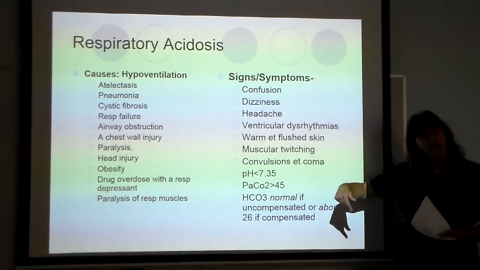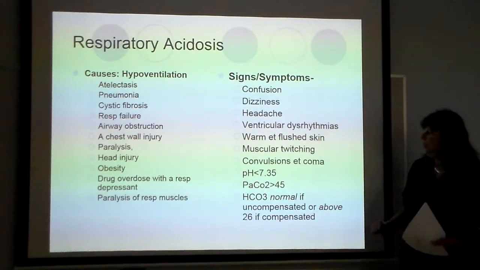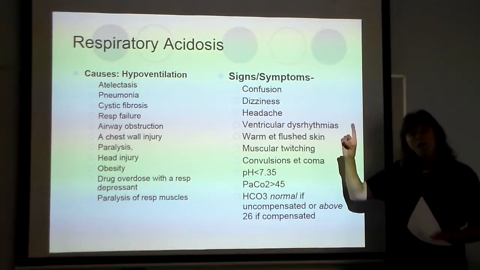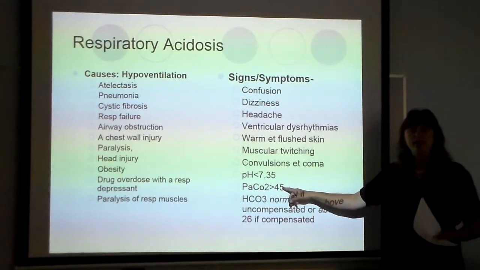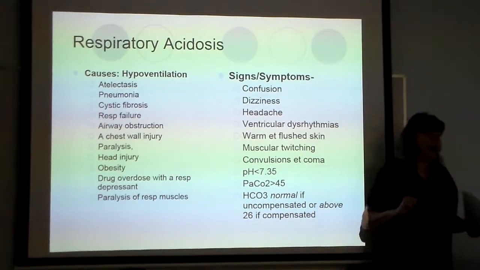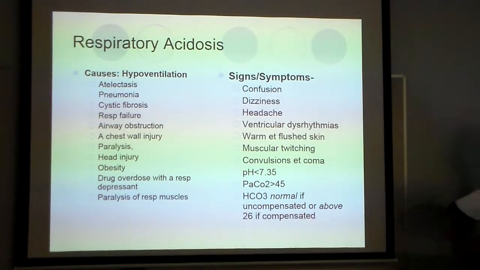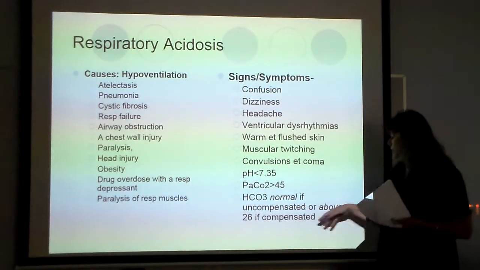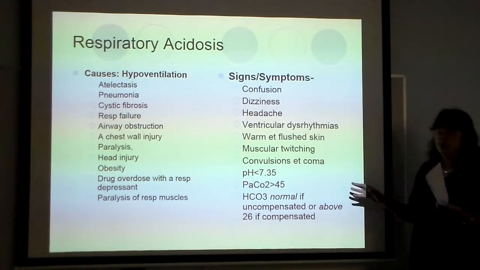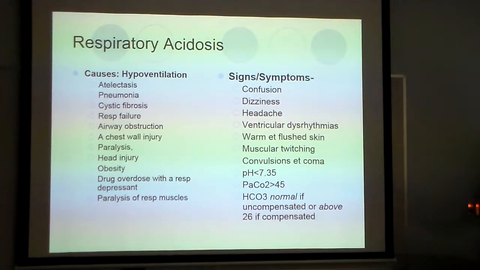That arrow points down, doesn't it? The PCO2, however, points up, doesn't it? It's above 45, that normal 35 to 45 millimeter mercury range. And our bicarb will be normal if it's uncompensated or above 26. We'll talk about that. Don't get hung up on that bicarb piece right now.